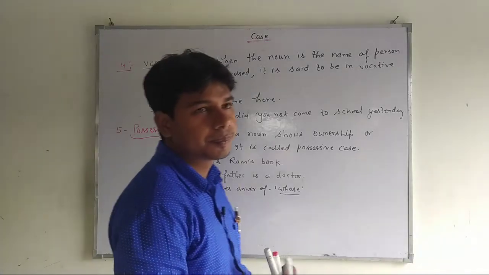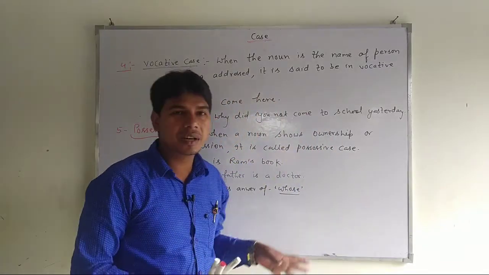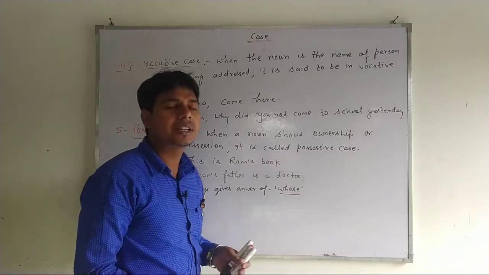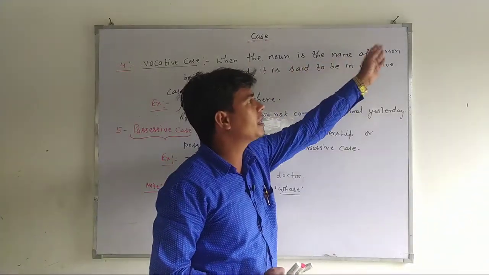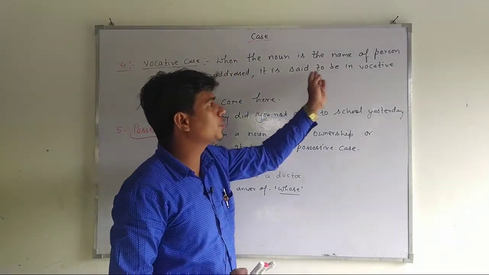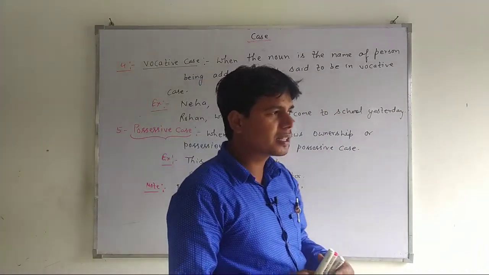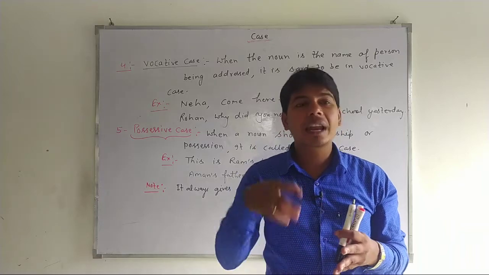Okay students, so let's see the last two cases of the noun. Vocative case. What is vocative case? When the noun is the name of a person being addressed, it is said to be in the vocative case. Vocative case means when we address, when we call any person.